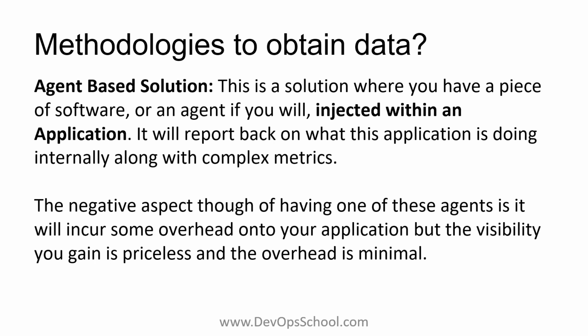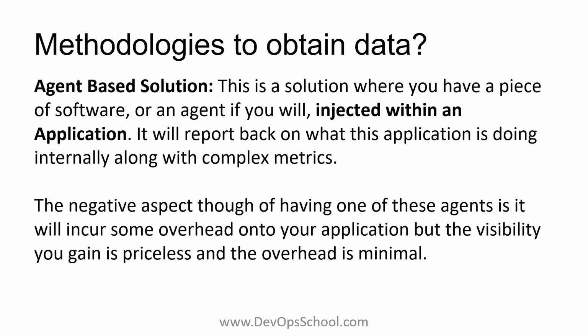The moment you run the application, this will also run and it will report back on what this application is doing internally, along with complex metrics. Are you understanding that, all of you?